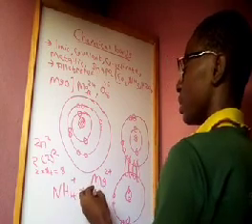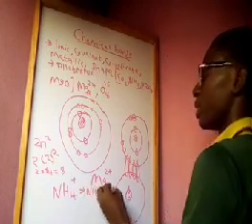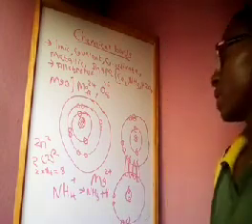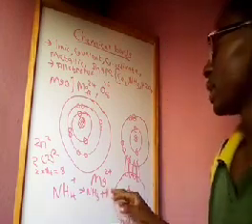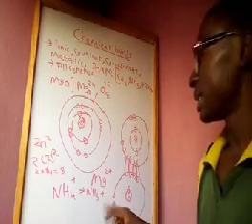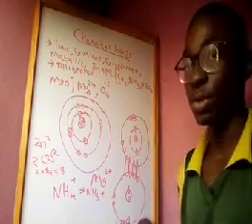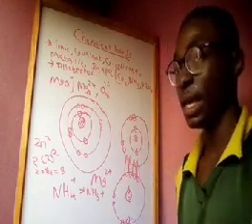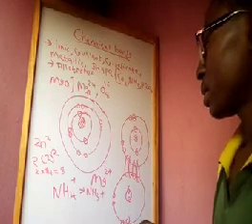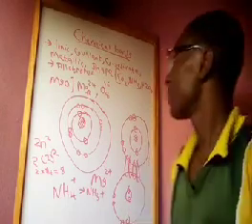NH3 combines with hydrogen, it forms the ammonium ion. And this ammonium ion is formed when this hydrogen also loses its electrons. So there is a transfer. Only one atom is donating the electrons. Okay, that's for coordinate bond.